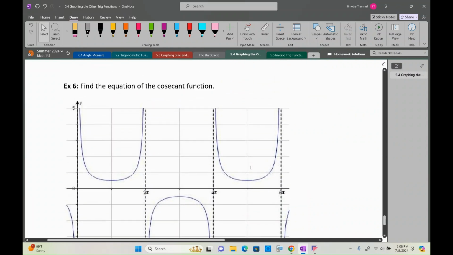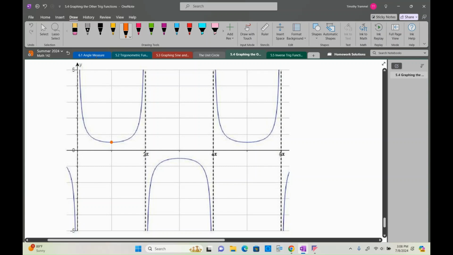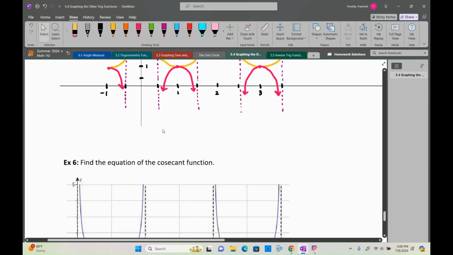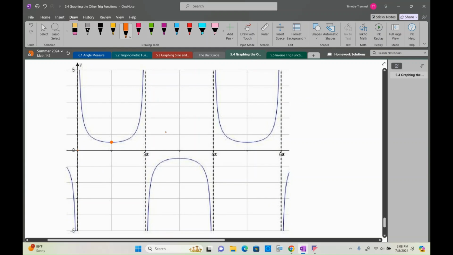All right. And then lastly, we have a cosecant function that we're going to try to figure out what it is. Okay. So if you have the graph of the cosecant function, you could just sketch in, well, what would the corresponding function look like? Okay. And when I say corresponding, I mean, what will the sine function look like, right? Because sine and cosecant are each other's reciprocals.